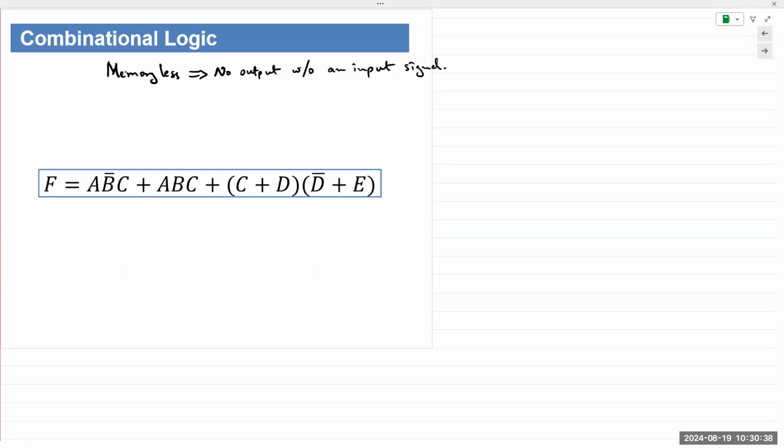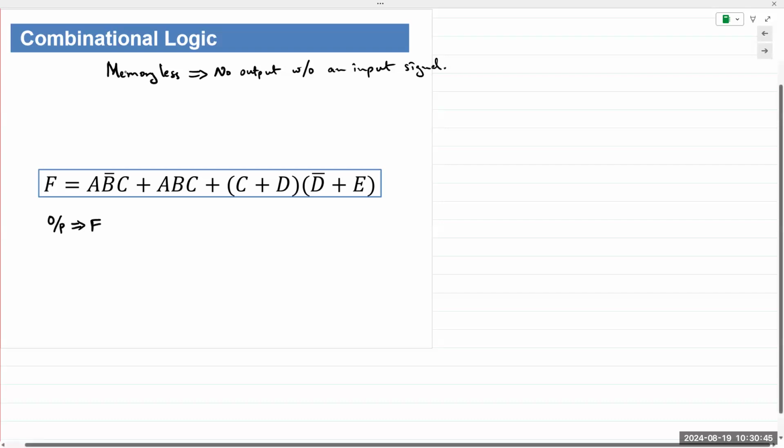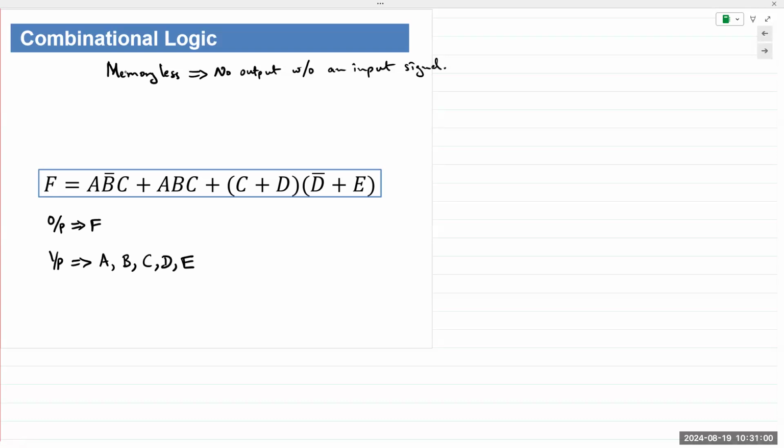So if you wish to implement this, first we identify the output is F. On the input side, we have 5 inputs: A, B, C, D, and E. 5 different inputs.